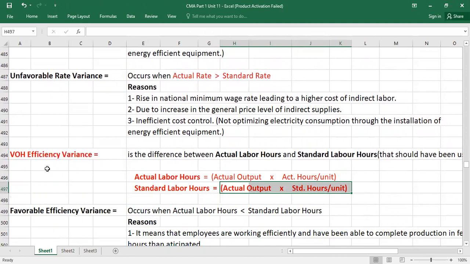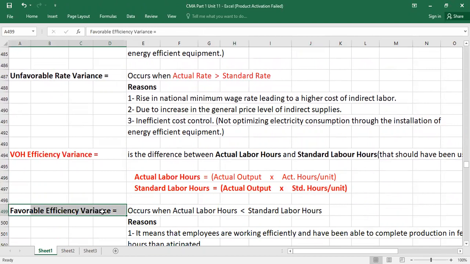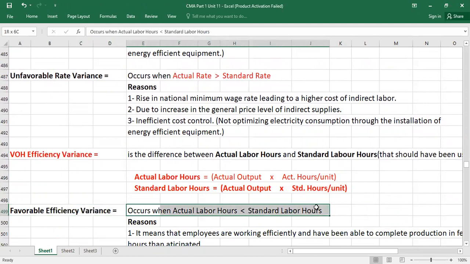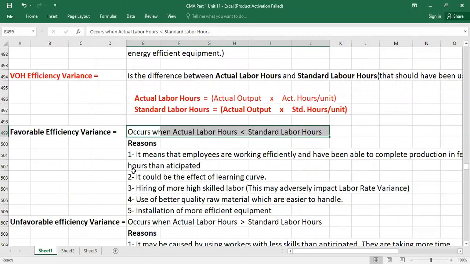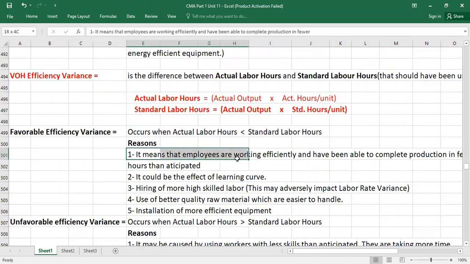Now your variable overhead efficiency variance could be favorable. Favorable variance will occur when actual labor hours are less than standard labor hours, and following could be the reason. Number first, maybe employees are working efficiently, because we are absorbing overhead based on labor hours.